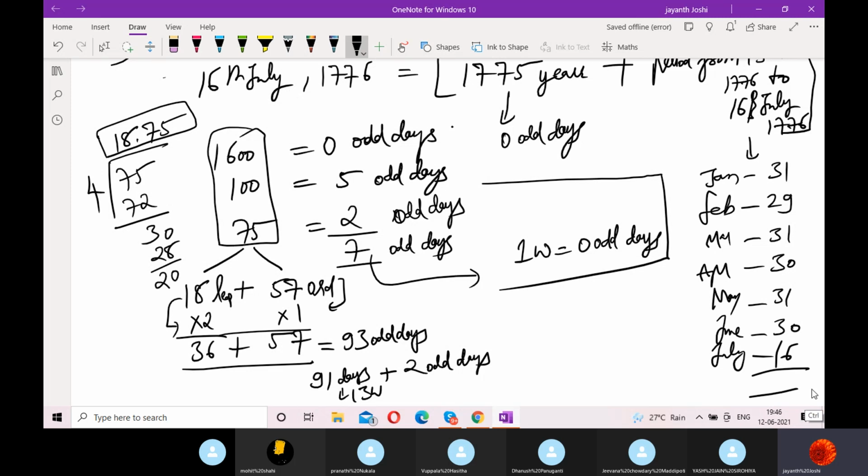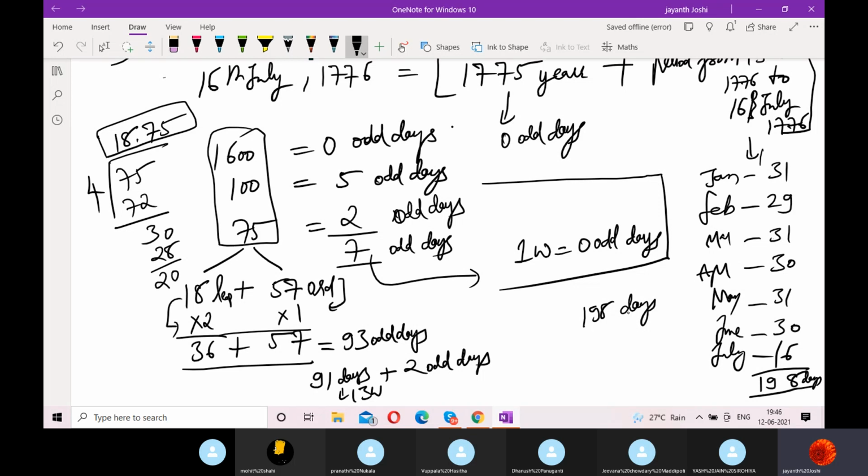So if you see how many days these are completely: 9 plus 1, 10, 11, 12, 12 plus 6, 18, and then 4, 5, 6, 7, 8, 9, 10, 11, 12, 13, 14, 15, 16, 17, 18, 19. 198 days. 198 days has how many odd days?